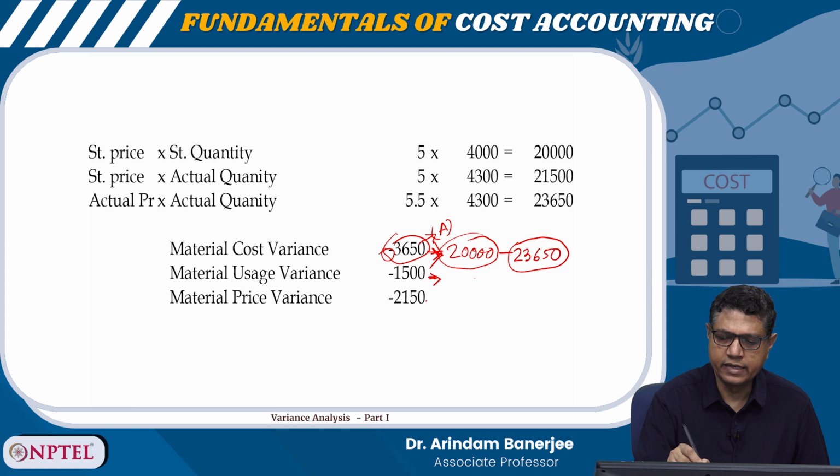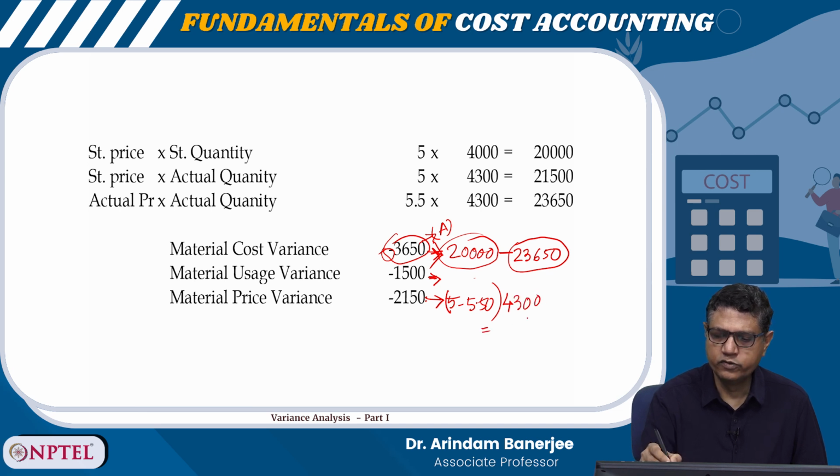So, material price variance is standard price minus actual price into actual quantity.